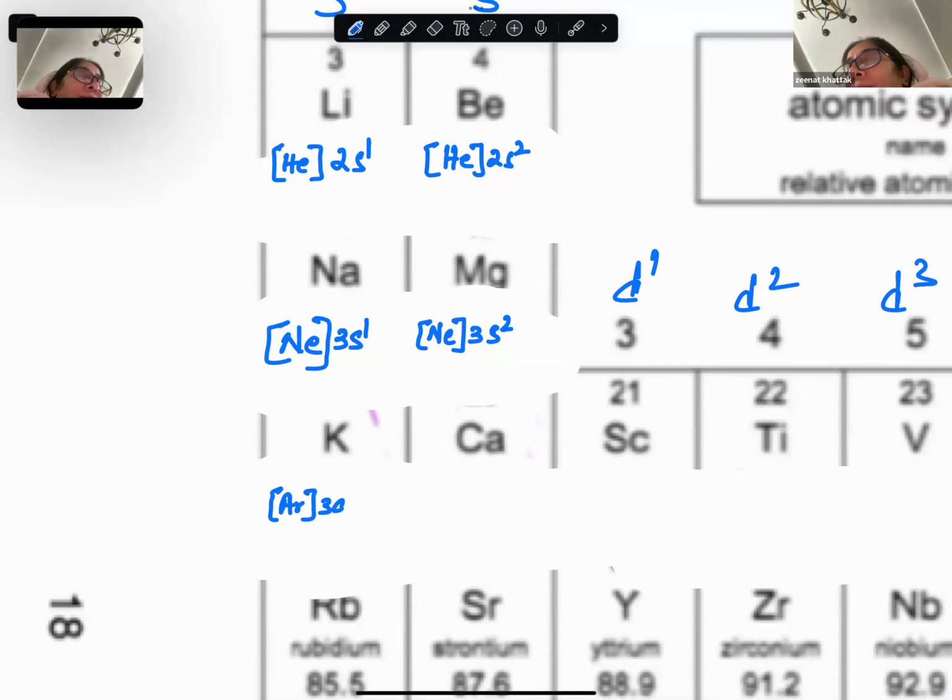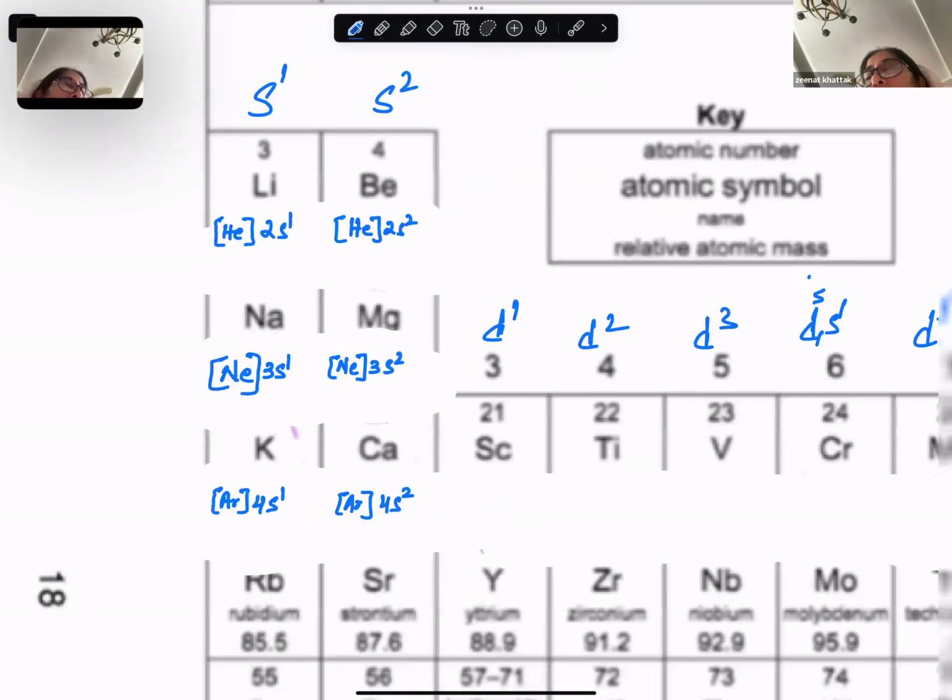Argon 4s1, argon 4s2. Now what I'm doing, wait a minute.